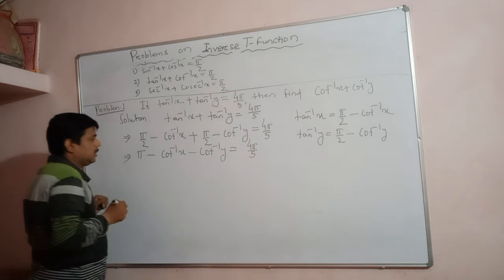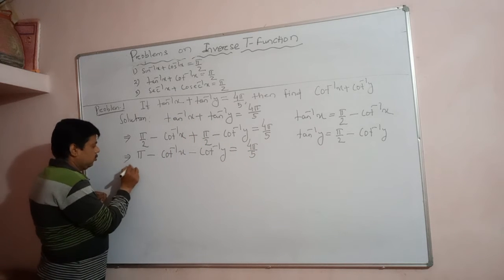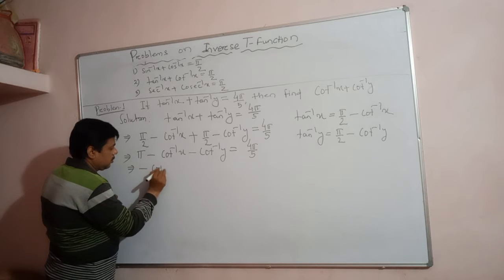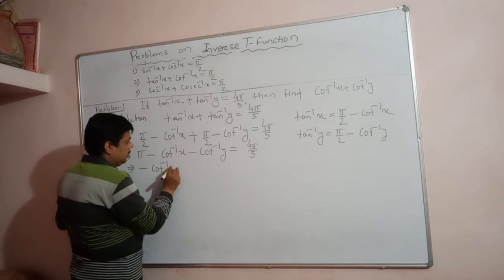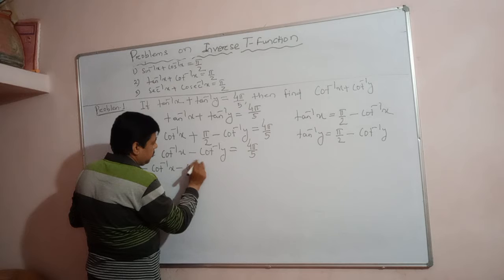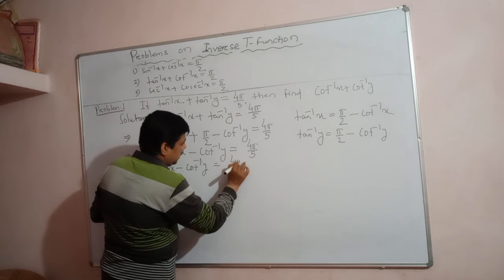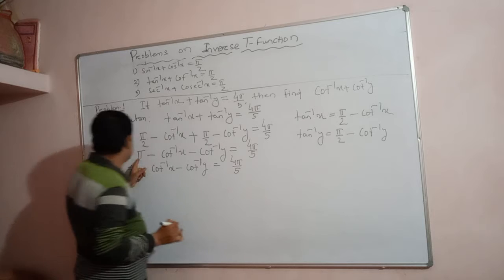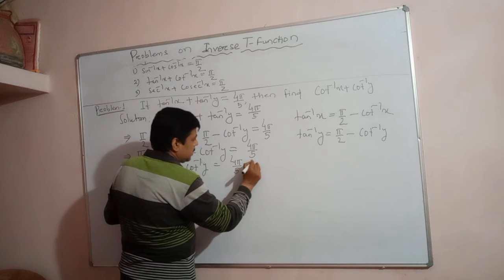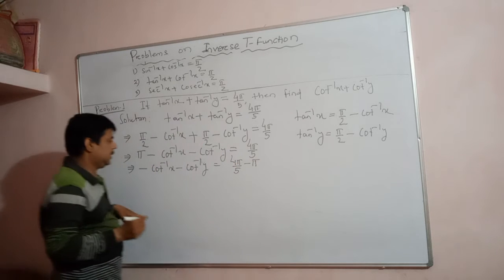Okay. Now what you will do? Minus cot inverse of x minus cot inverse of y is equal to 4 pi by 5 minus pi. This pi can be transposed, it will be minus pi, right?